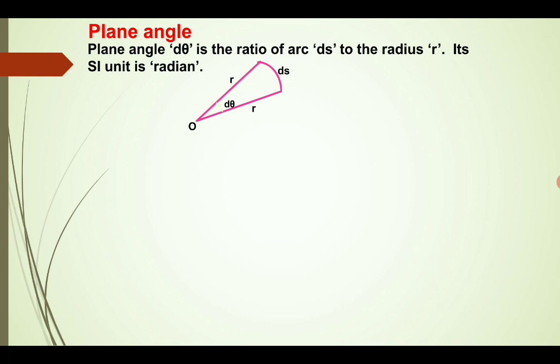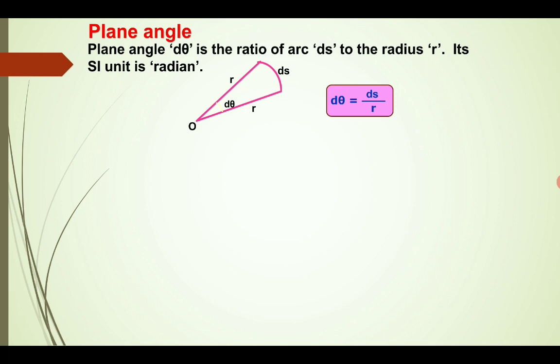So the plane angle d theta is the ratio of this arc length ds to the radius of the circle from which we are obtaining this arc.